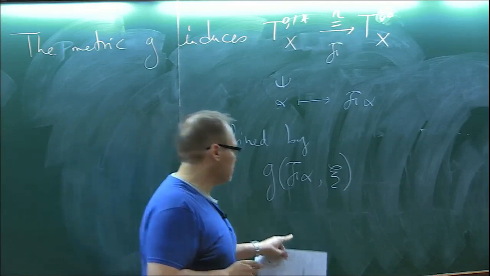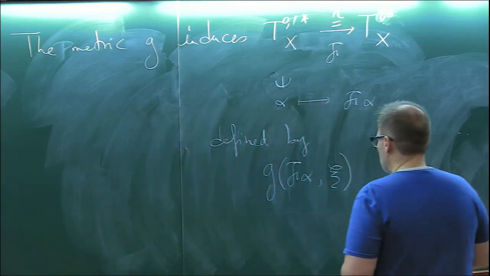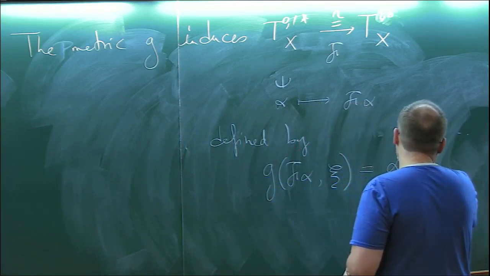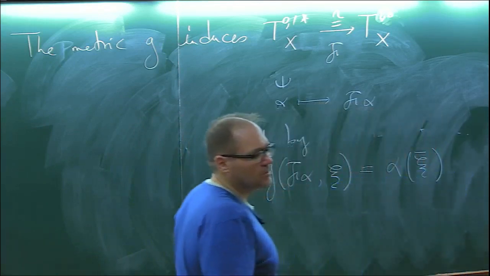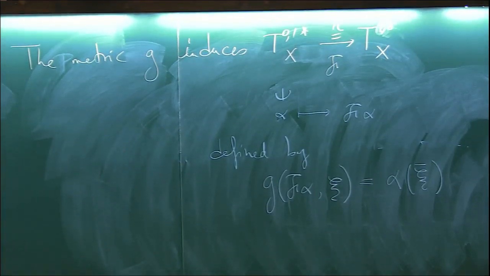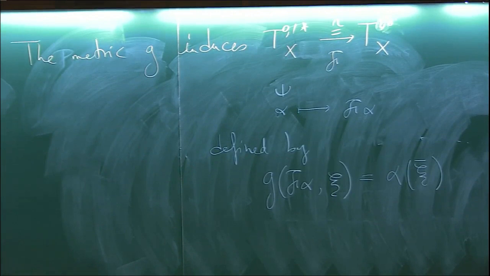Remember, I think it was a metric for T1,0. This is, by definition, alpha contracted by the vector bar, the 0,1 vector. Okay? This is the usual way that you turn differential forms into vector fields.